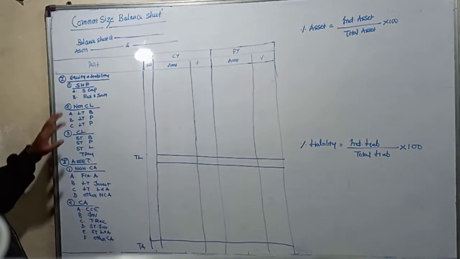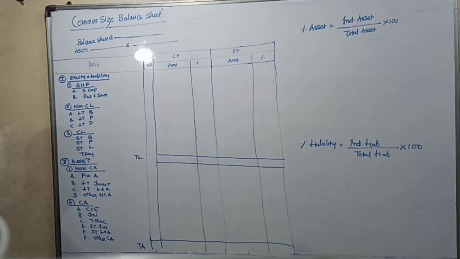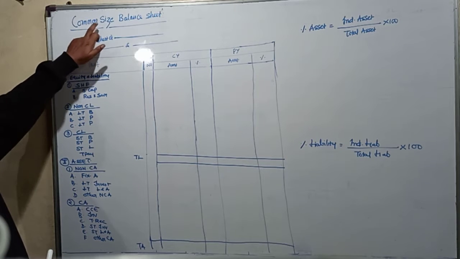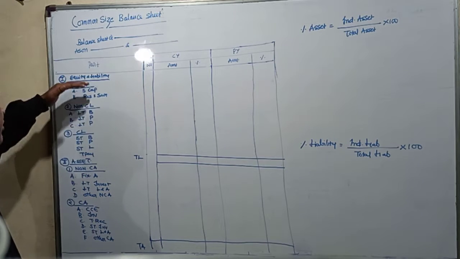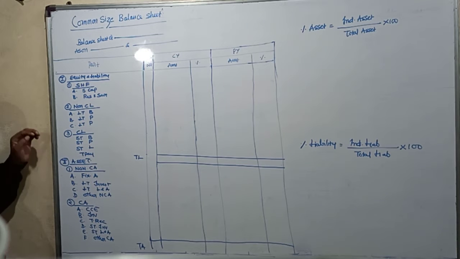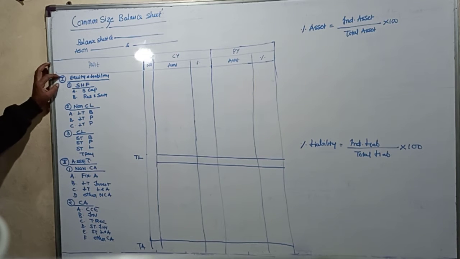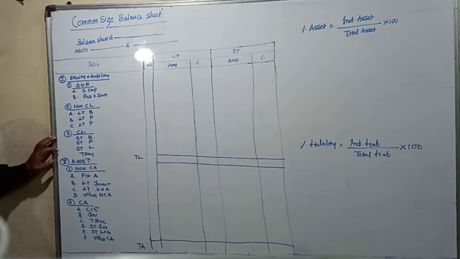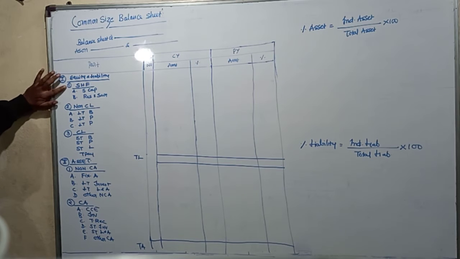Now in the particulars column, what do we take? We take the pro forma of the balance sheet, because we are looking at the common size balance sheet. We have two parts: one, equity and liability, and two, assets. Under equity and liability, we have one, shareholders' fund, under which we have share capital, and reserves and surplus.